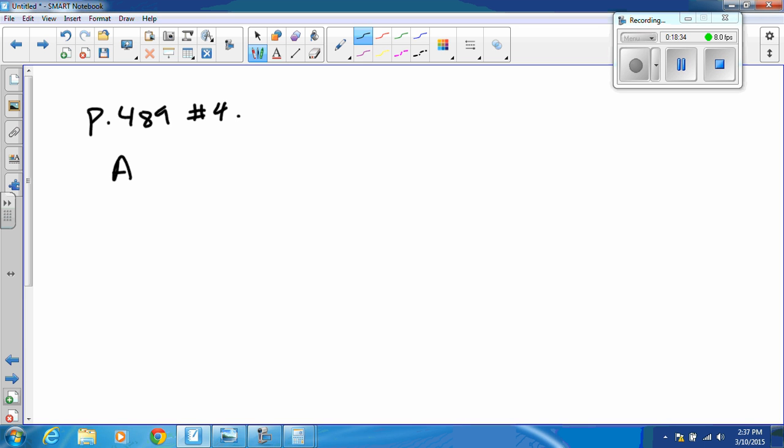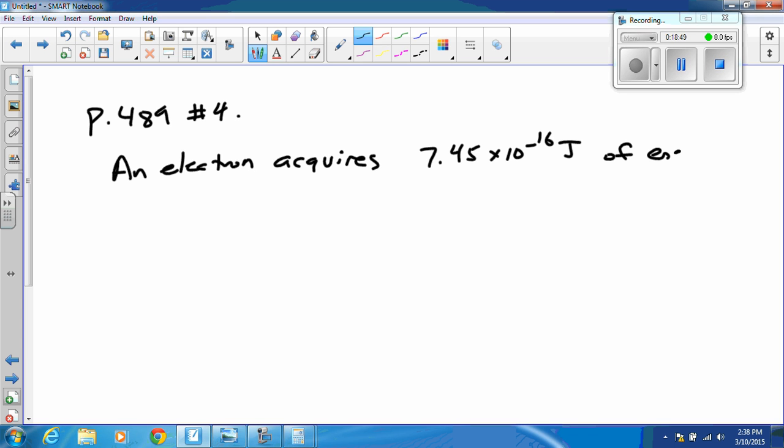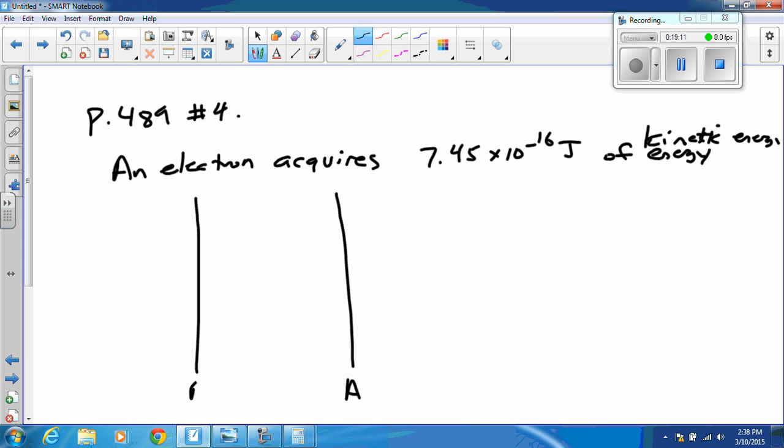In number 4, we have an electron that requires 7.45 times 10 to the minus 16th joules of kinetic energy when it is accelerated by an electric field from plate A to plate B. Here's plate A, here's plate B, here's my electron, and it's going to be accelerated in this direction.